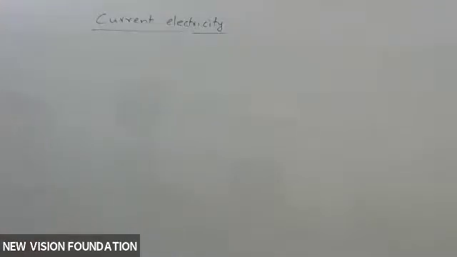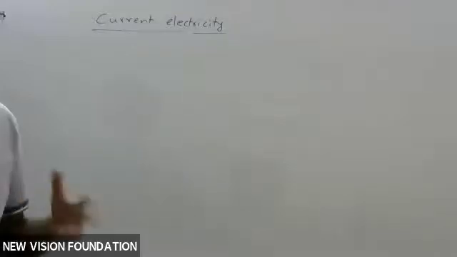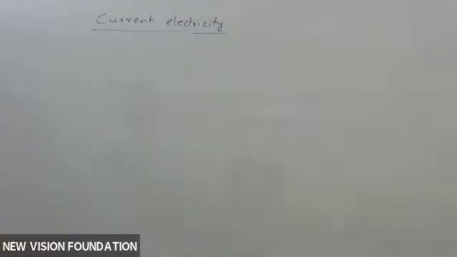And how does a bulb glow when it is connected to a cell or battery by connecting wires, and so on. Okay, in this class, we will study the advanced topics in current electricity. First, introduction.